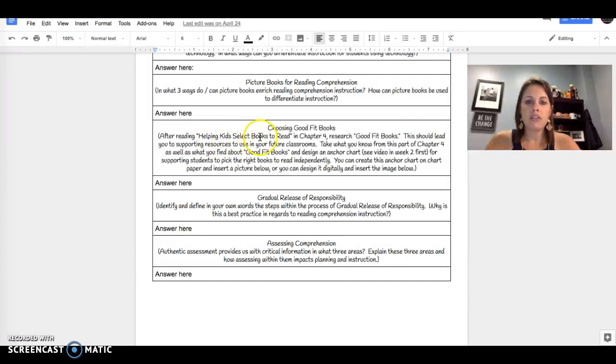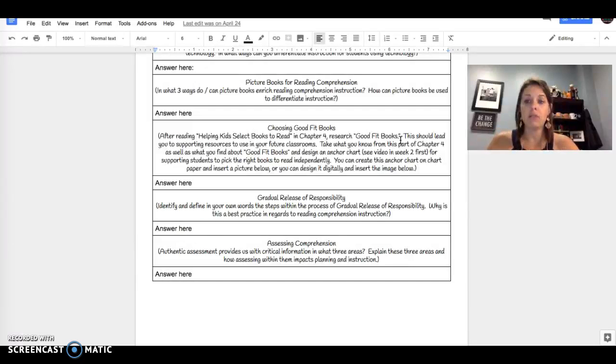So I want you to do a little research on good fit books. You can literally just Google search good fit books, and it should lead you to some resources for your future classroom. There are resources all over, Pinterest and Teachers Pay Teachers. That being said, those should be references for you.